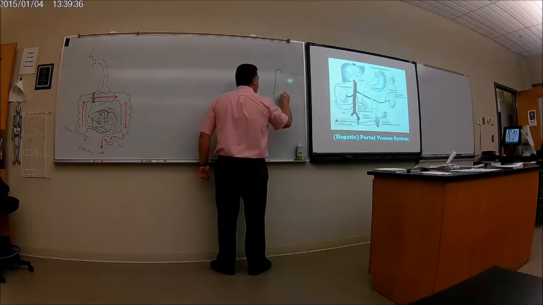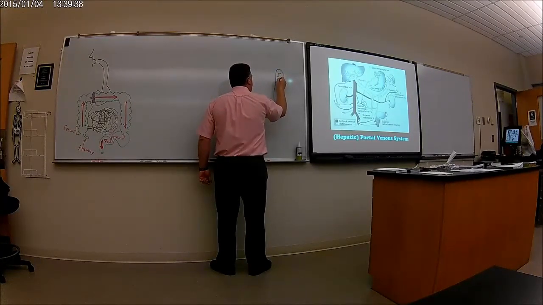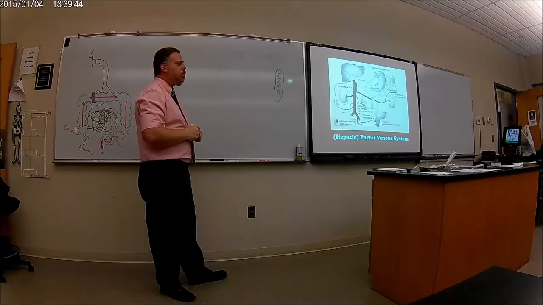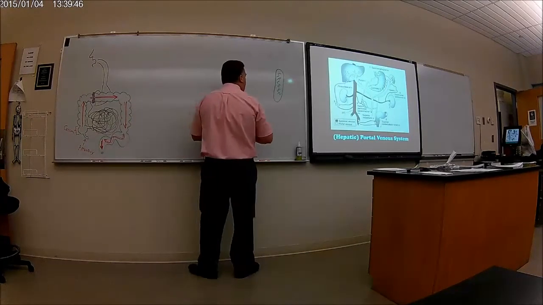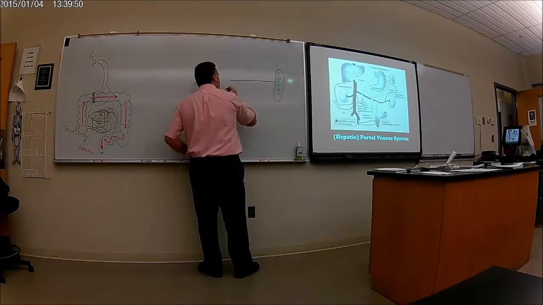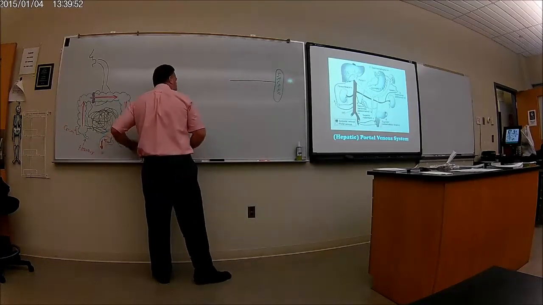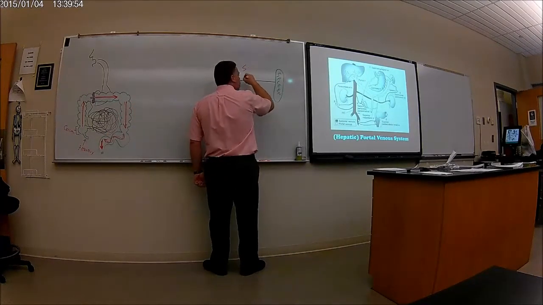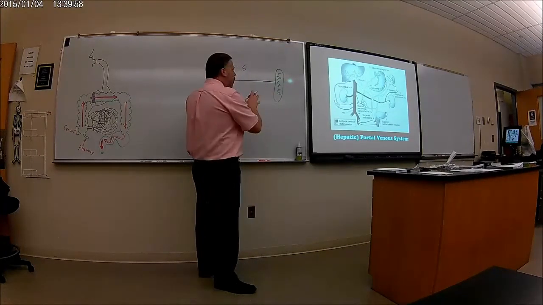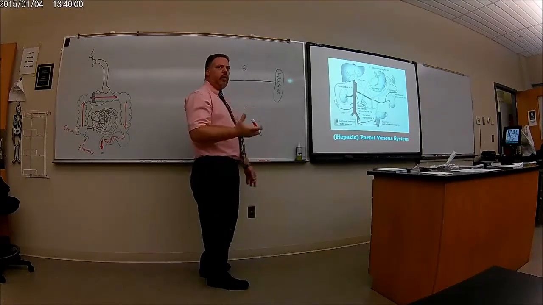Here we have the spleen. Okay? Then we have a vein that comes out of the spleen. I'm just going to abbreviate to speed things up and not make it look so busy, but you would write everything out.